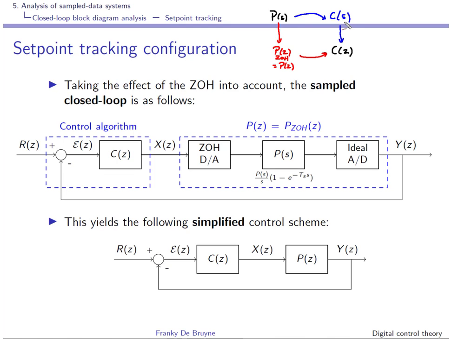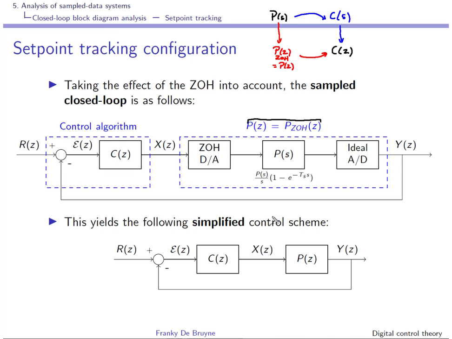So whatever the mechanism that you've chosen to construct C(z), if you want to evaluate its performance on the sampled system, so if you want to consider the sampled closed loop system, you have to consider a process that is the zero order hold equivalent description of the original system.